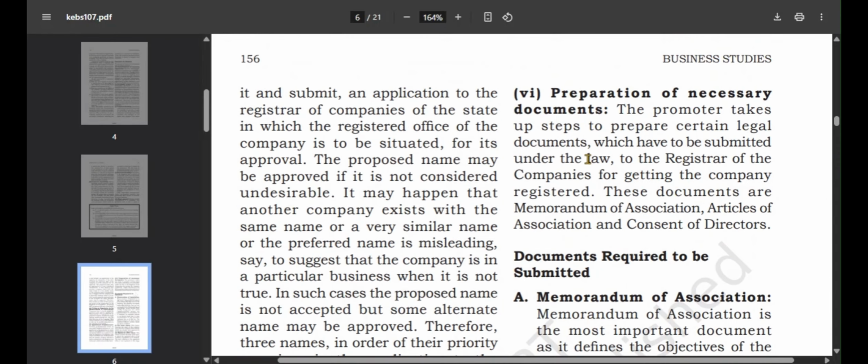Whenever they use the word law, that means something that is mandatory, has to be done for getting the company registered. These documents are memorandum of association, articles of association, and consent of directors. Three documents: memorandum of association, articles of association, and consent of directors.